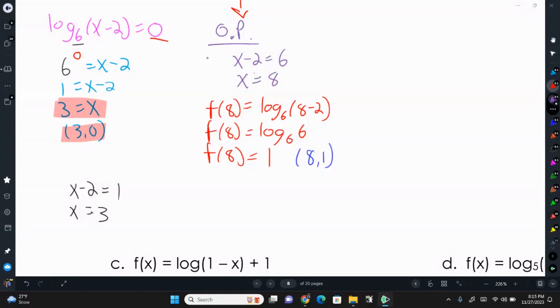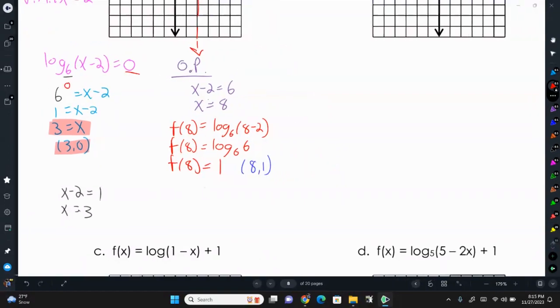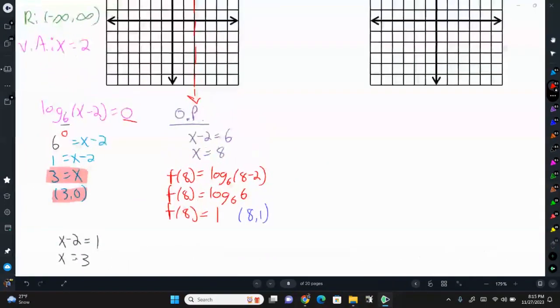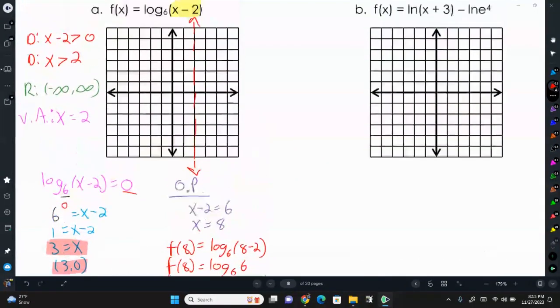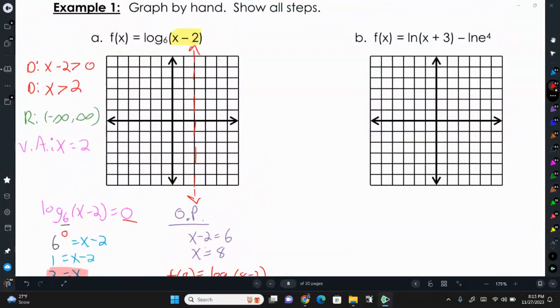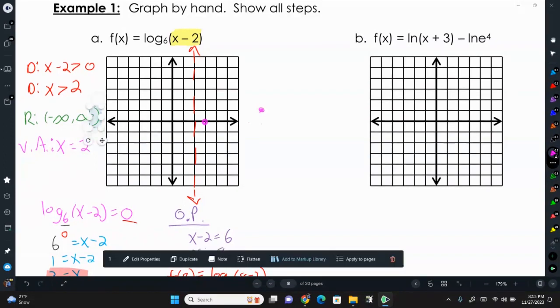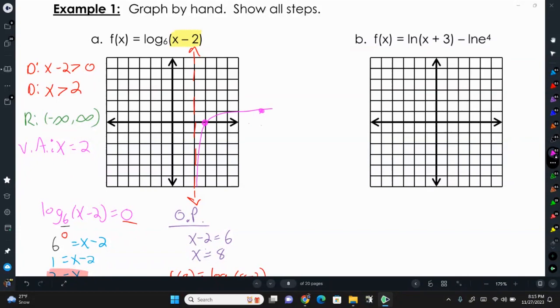So our two points are 3 comma 0 and 8 comma 1. So that's going to be off the graph a little bit. 4, 5, 6, 7, 8 comma 1. So then the graph will look like this.